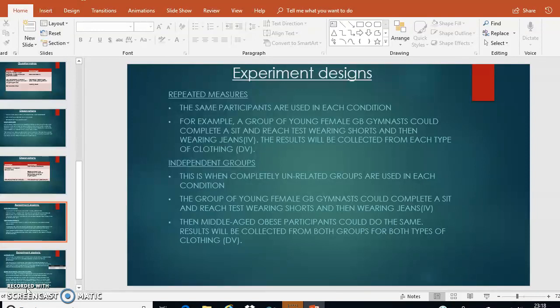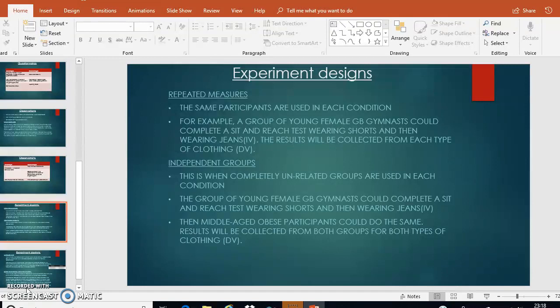Then there's independent groups. This is when completely unrelated groups are used in each condition. The group of young female Great British gymnasts could complete a sit and reach test wearing shorts and then wearing jeans. And then, for example, middle-aged obese participants could do the same, and then the results would be collected from both groups.